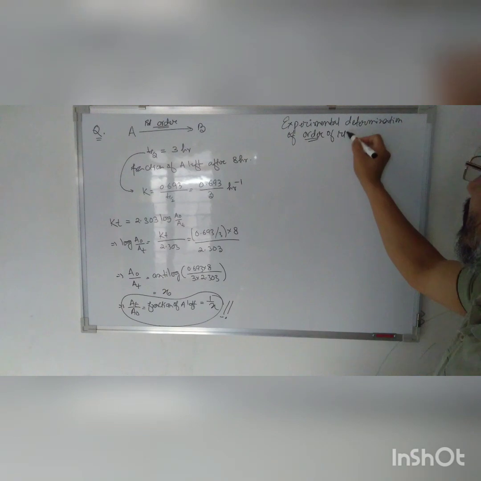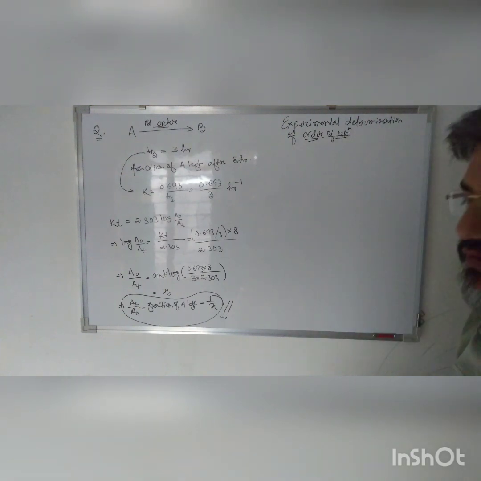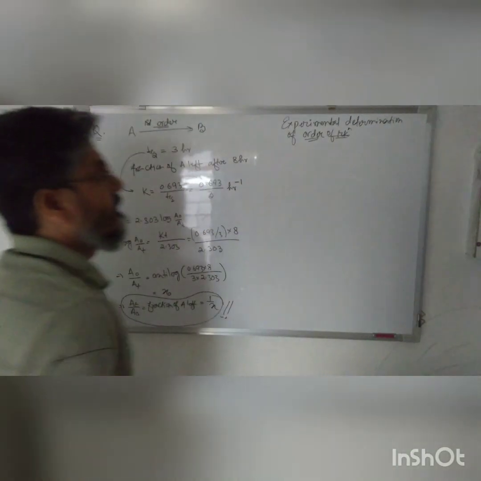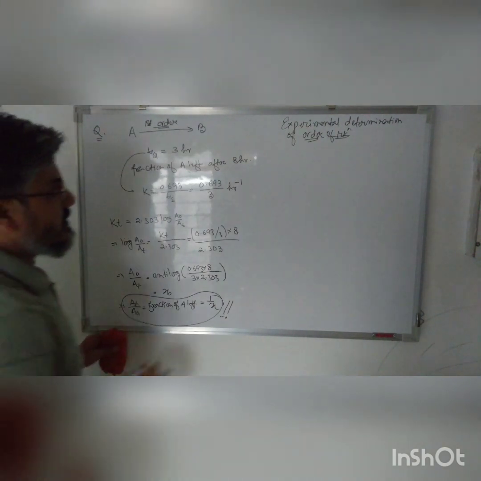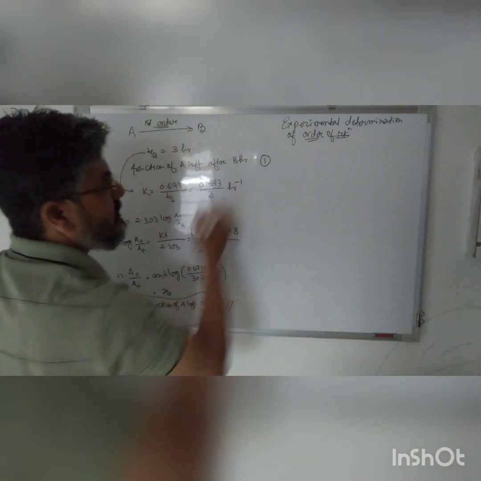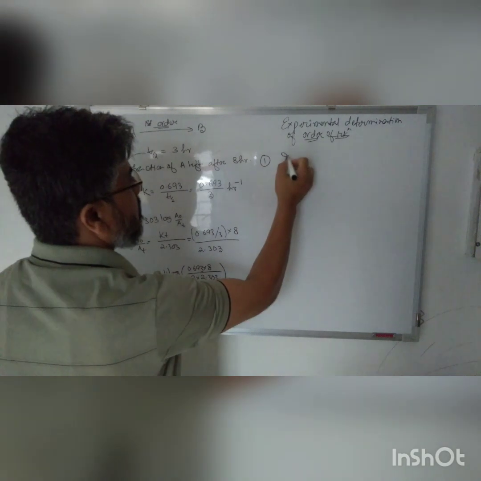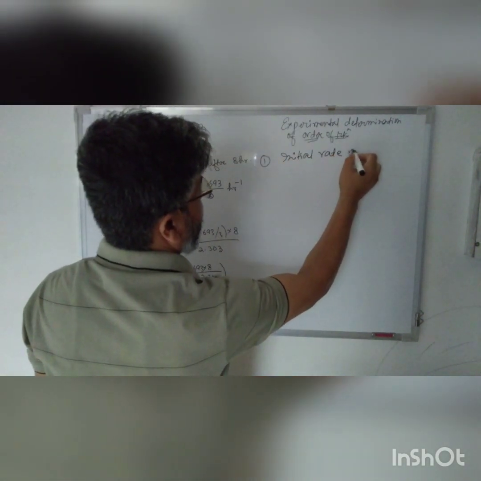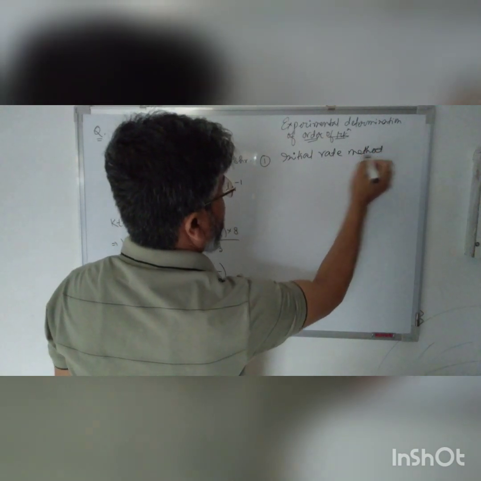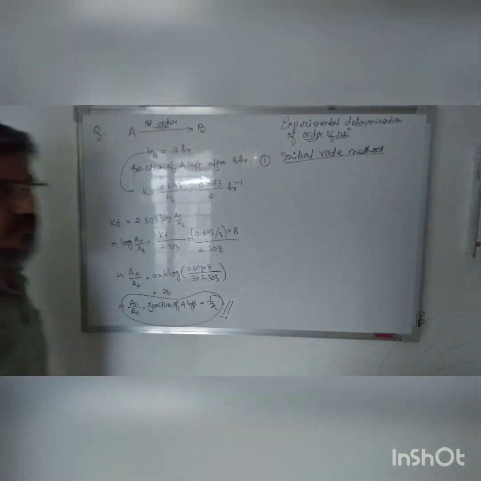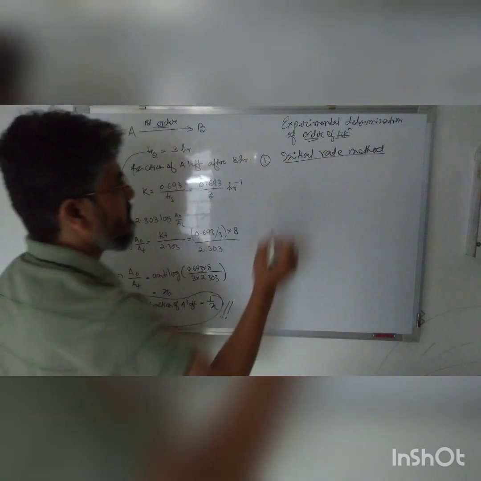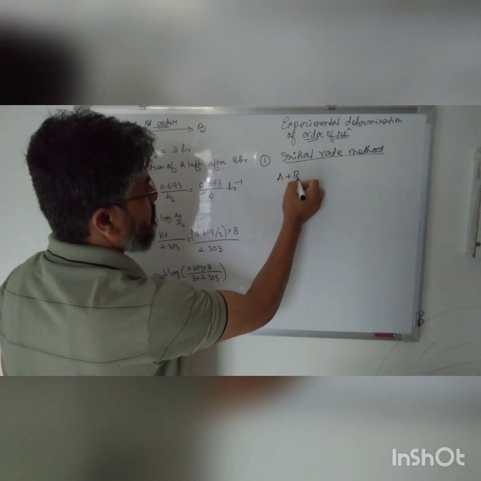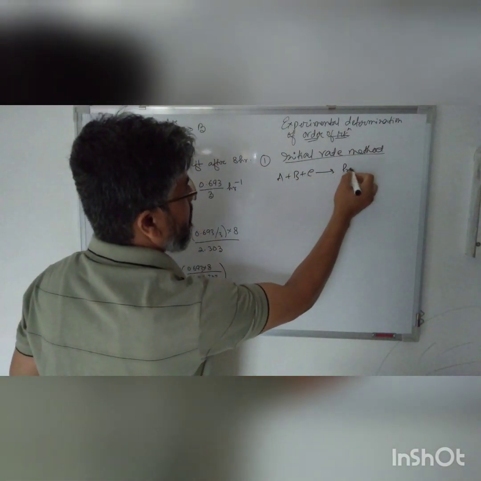How to determine experimentally the order of a reaction? For this we have different techniques. So let's see one by one. The first one is the initial rate method.